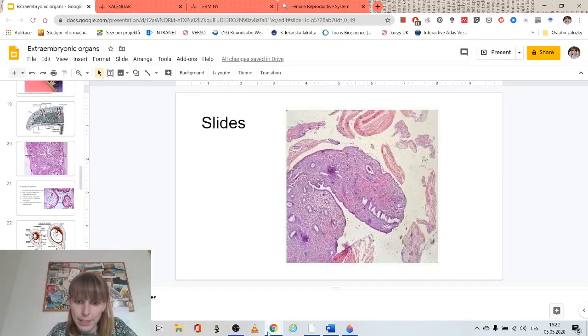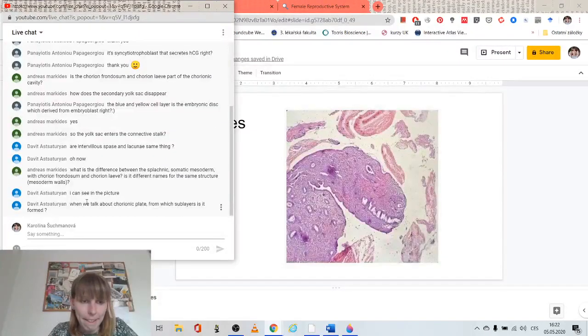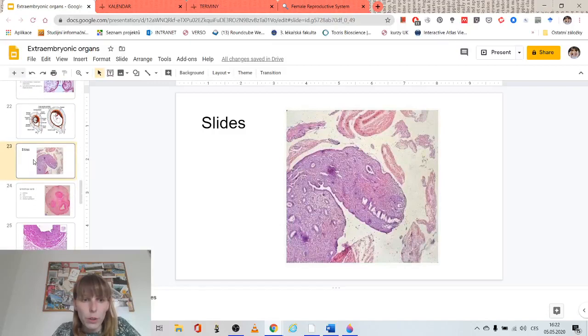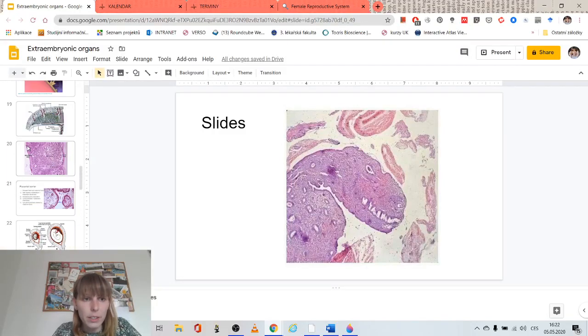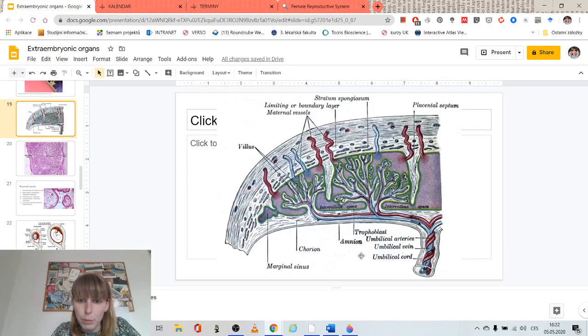So I will once again check the chat. When we talk about chorionic plate, from which sublayers is it formed? Okay, so yes, it's something I haven't really mentioned before.